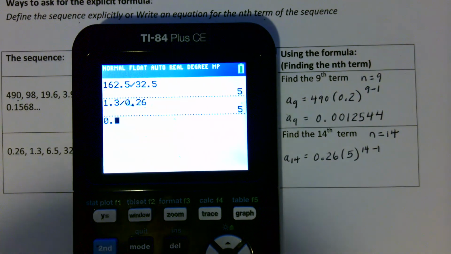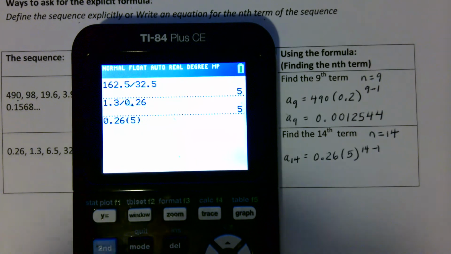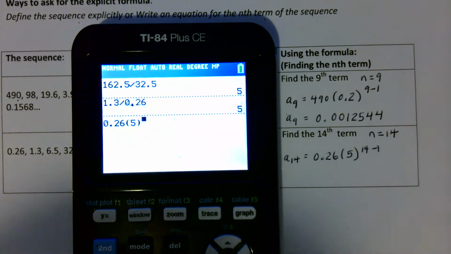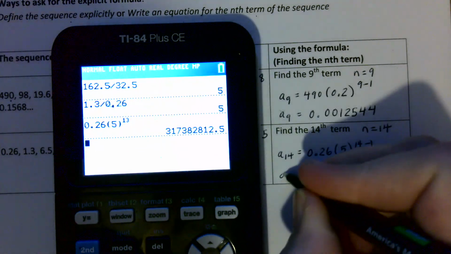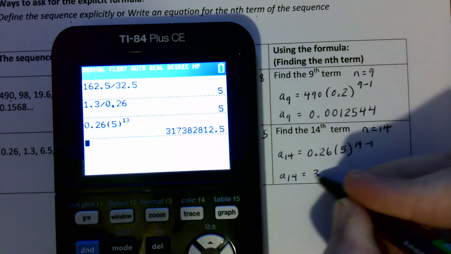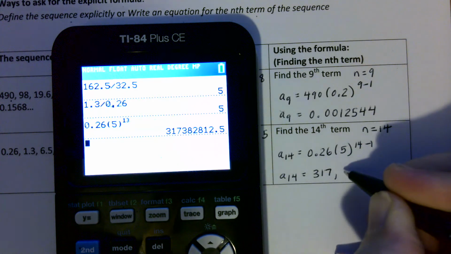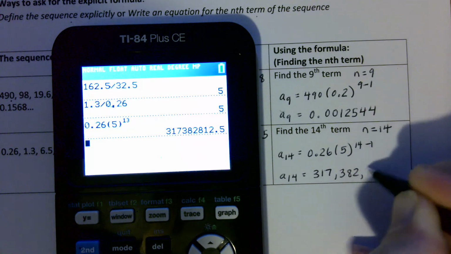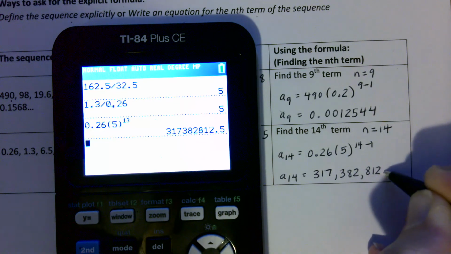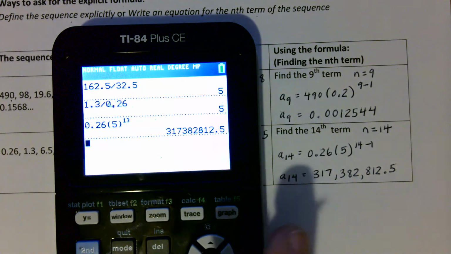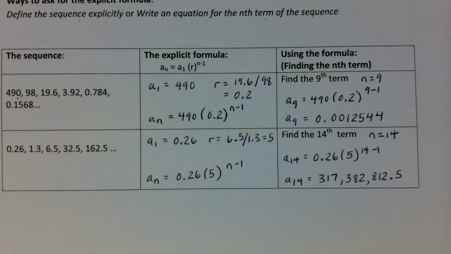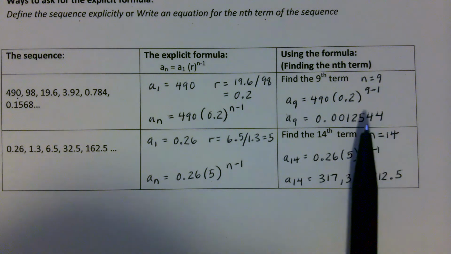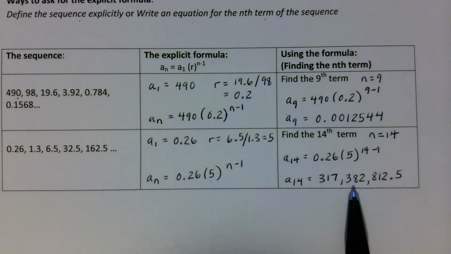We have 0.26 times our common ratio of 5 to the 14 minus 1, the 13th power, and we get this long number, which ends up being 317,382,812.5. A lot of times we're going to see a geometric sequence in scientific applications because we're used to working with very small numbers or very large numbers.